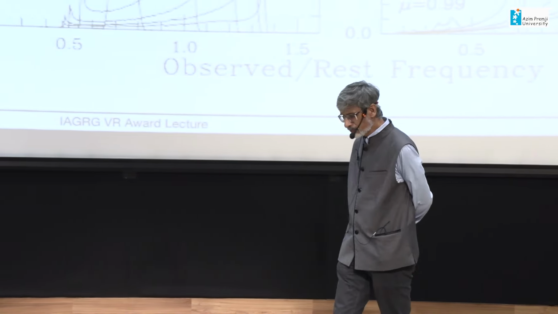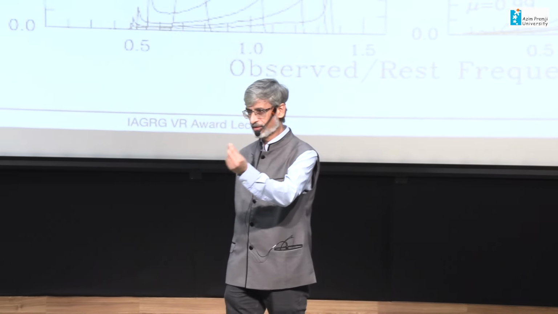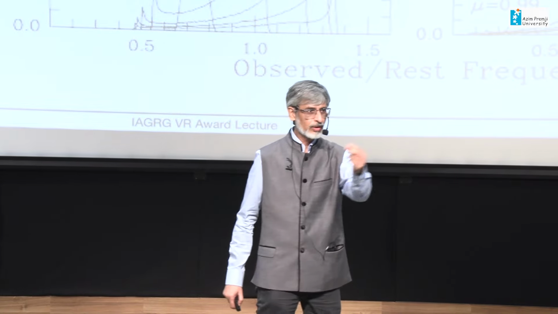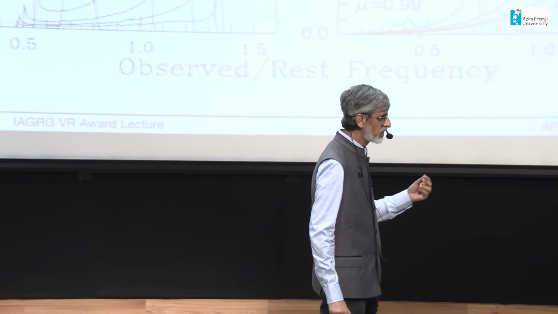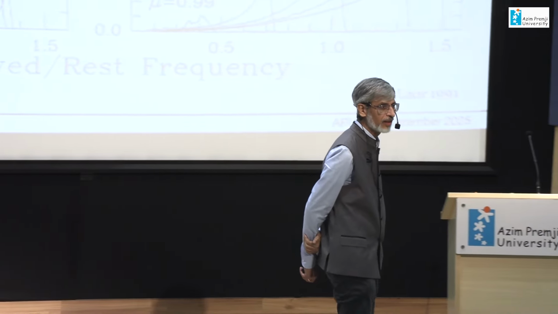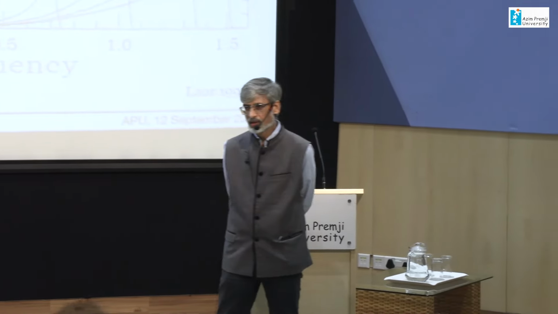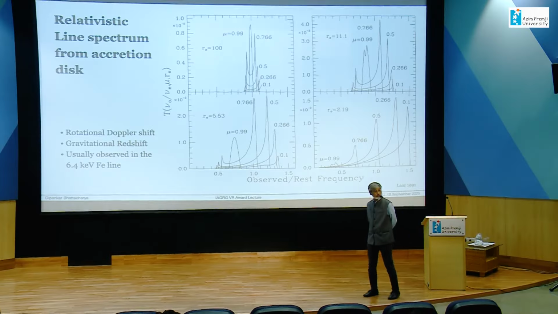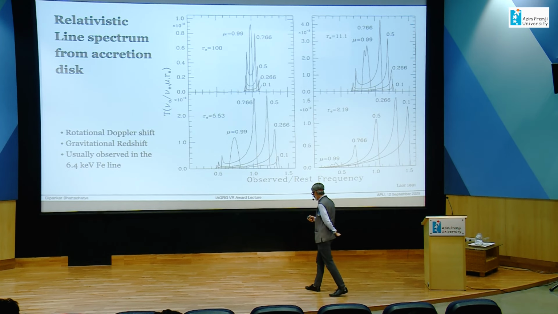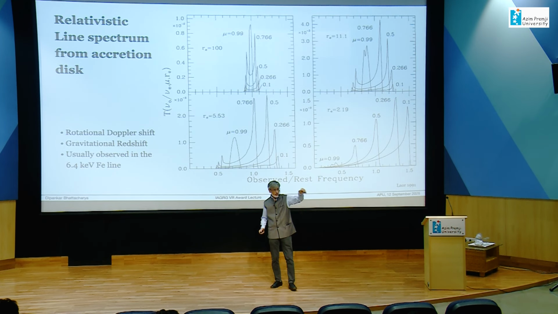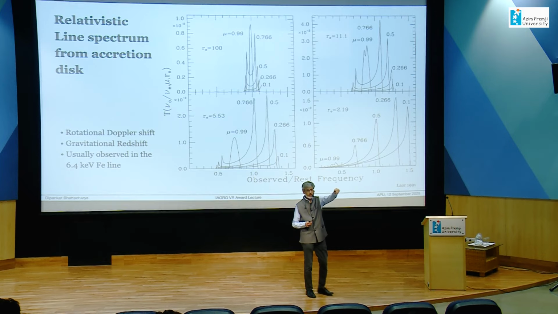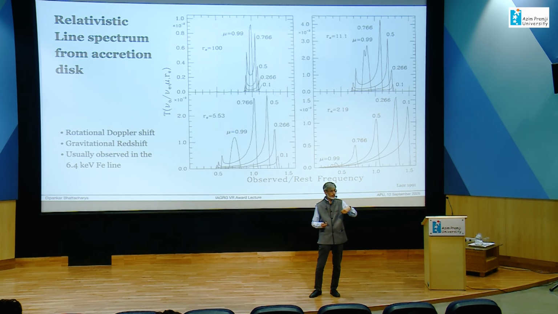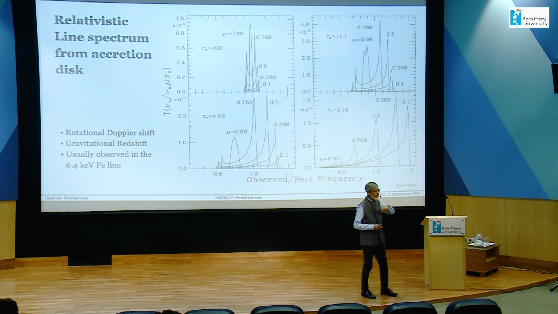What if you had a spectral line in this swirling mass which is arriving and being accreted at the center? How will that profile of the spectral line look? You have to take account of the rotational Doppler shift. Some part of the material is going away, some part of it is coming towards you. So there will be blue shift and there will be red shift.